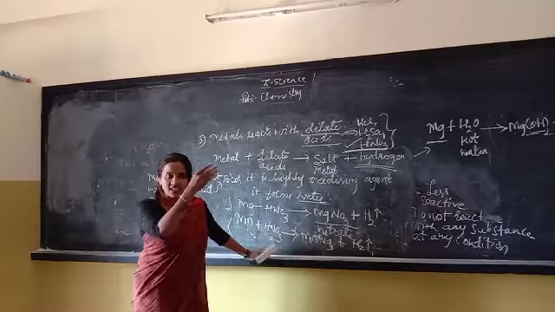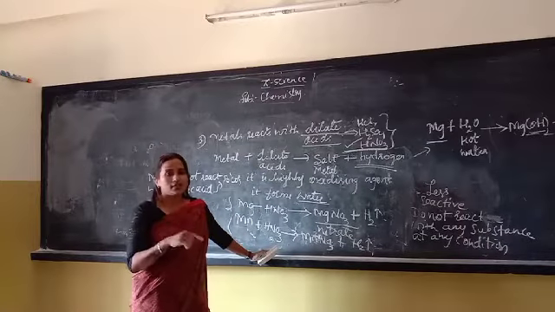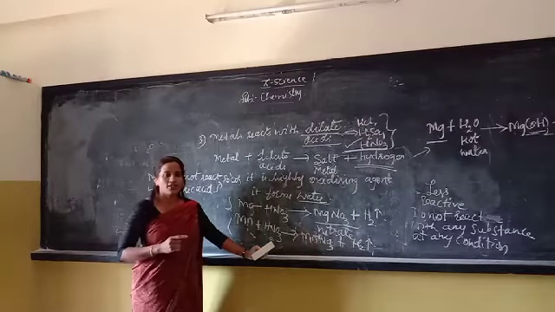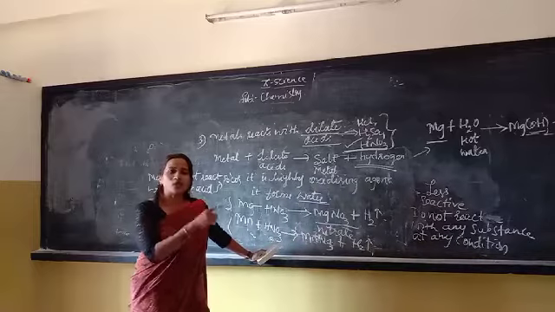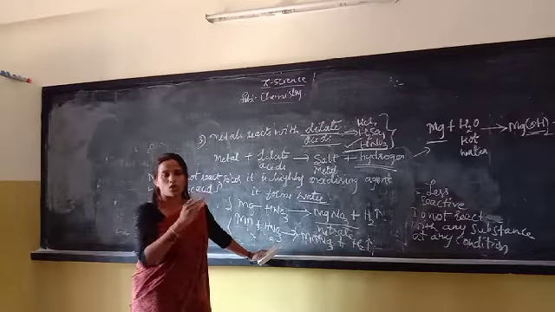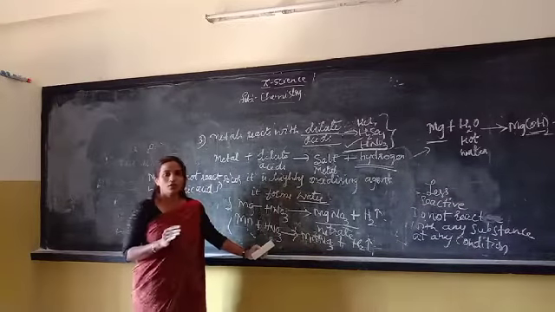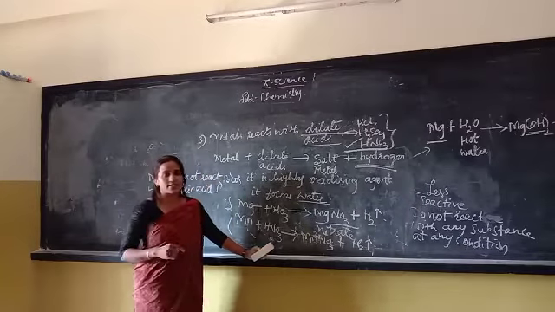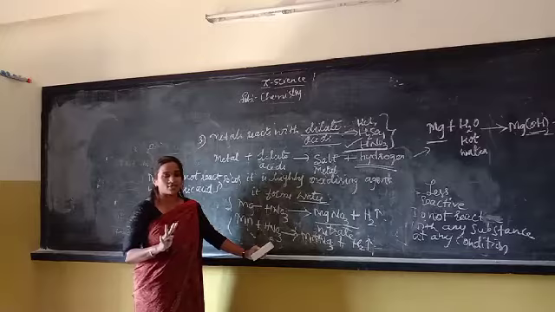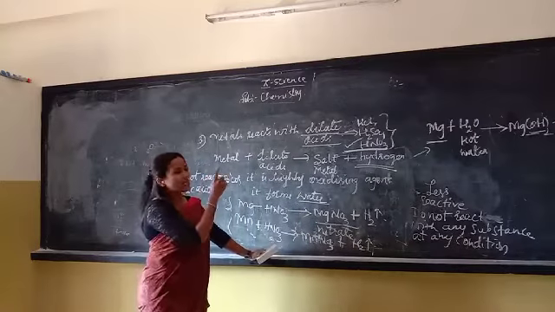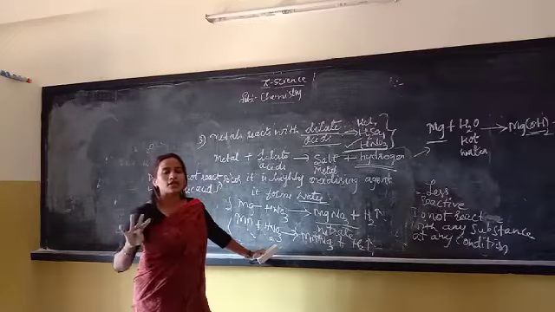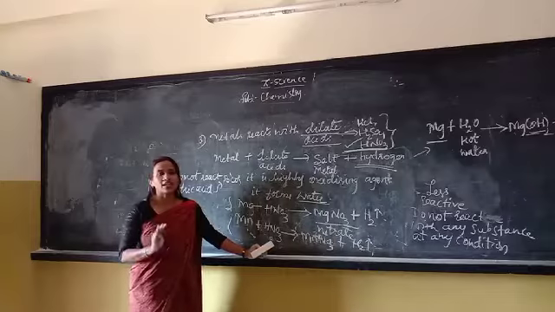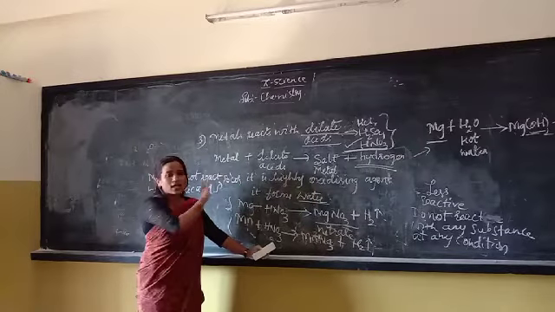There was a list of metals in the last class. They react with cold water, hot water, steam, and so on. The third chemical property is when a metal reacts with acids. Dilute acids, not concentrated. Hydrochloric acid and sulfuric acid can react with any metal and form hydrogen gas and salt as products.